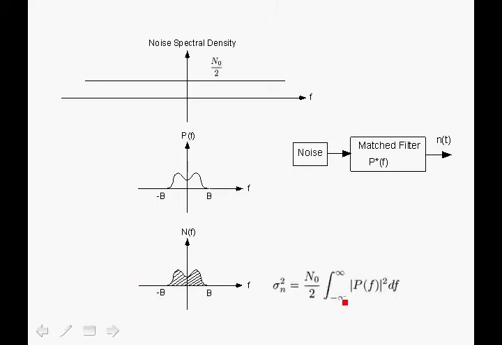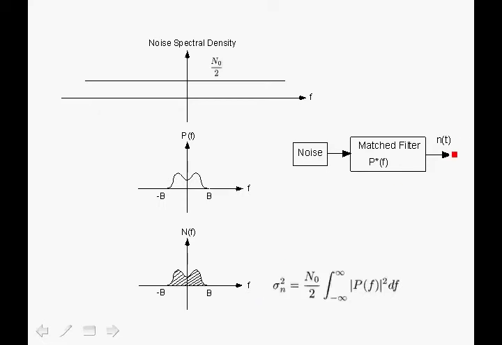So we integrate from minus infinity to infinity of P sub f squared. Since N0 is a constant, it will come out of the integral. So we integrate basically the area underneath P sub f squared, and in that case it doesn't matter whether you have P sub f or P conjugate of f, and we obtain the variance of the noise at the output of the match filter.